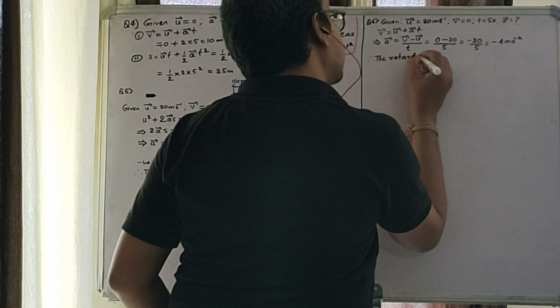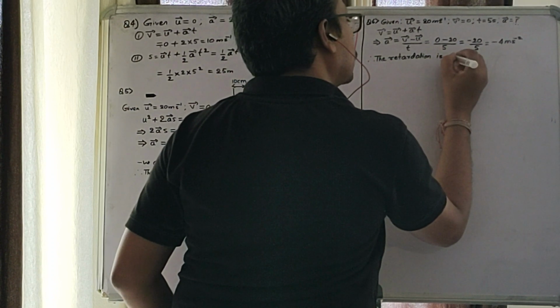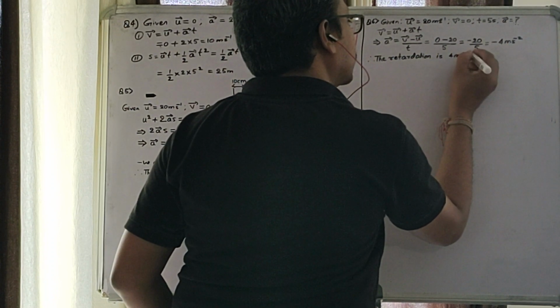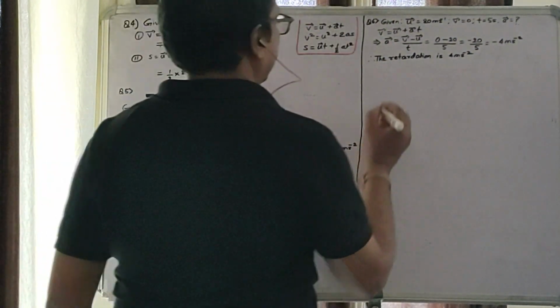Hence the retardation is 4 meter per second squared. That's all. This is what we have to do.